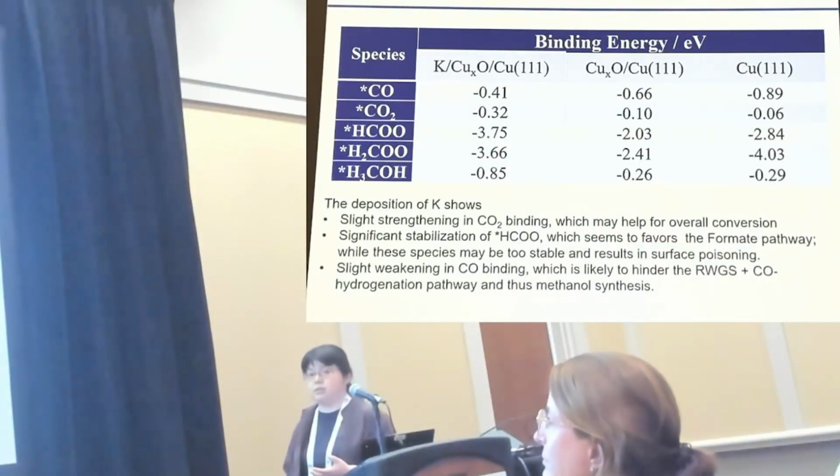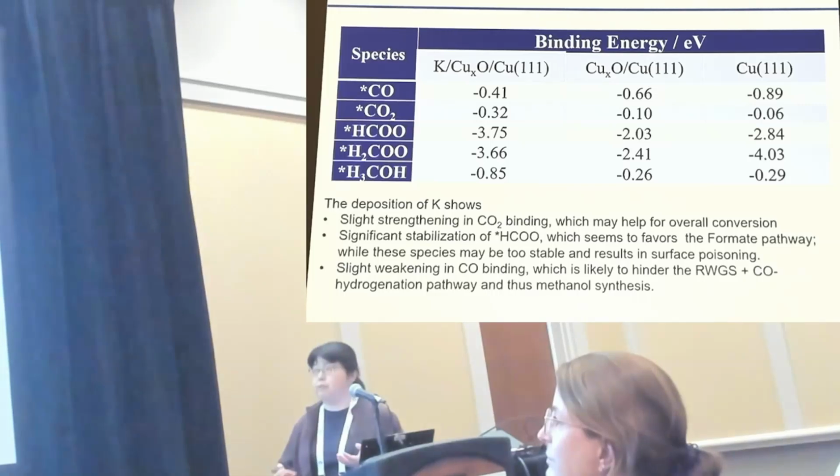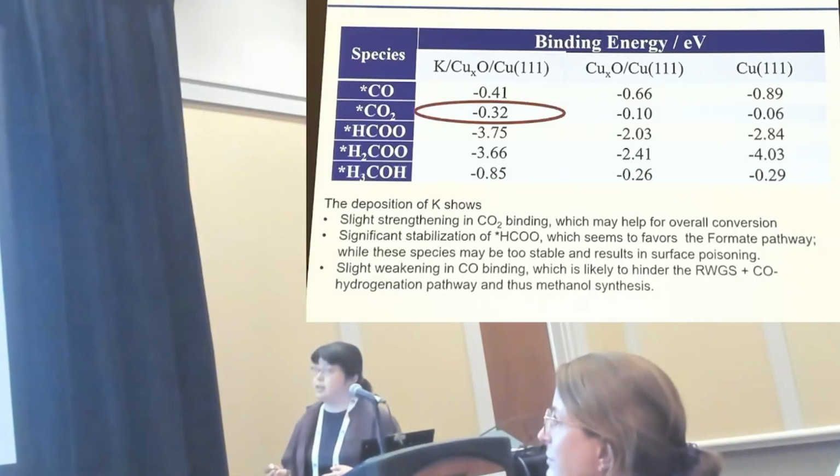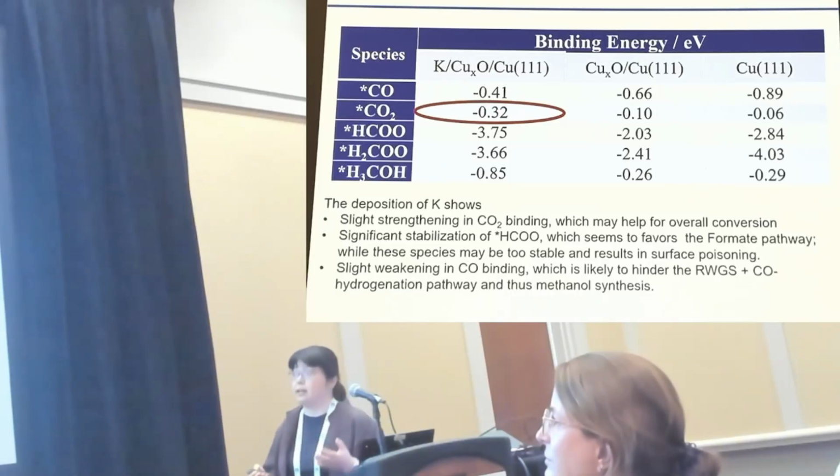One thing we do is look at the binding energies before we predict the catalysis. I just want to draw your attention that if you only look at the CO2 binding, you can see that with potassium deposition, the CO2 binding is increased slightly.